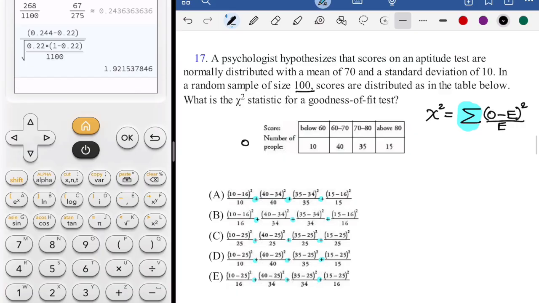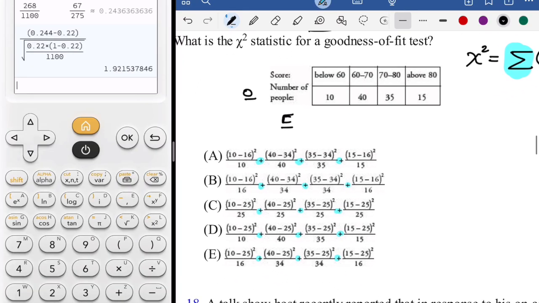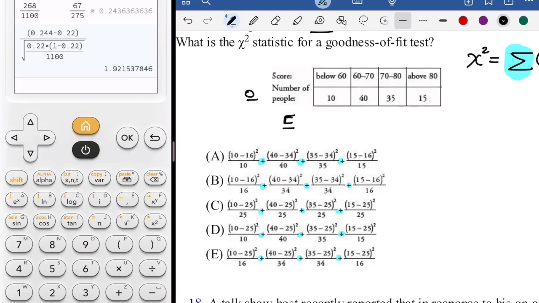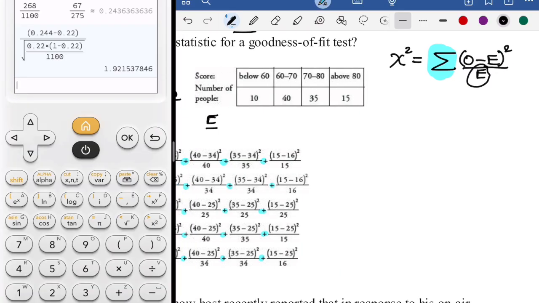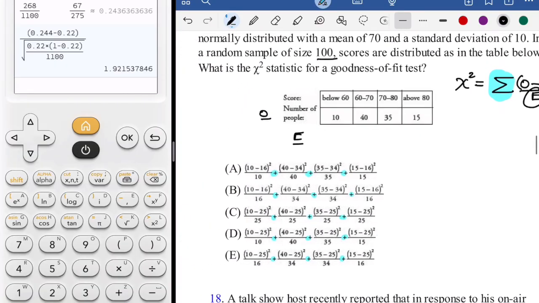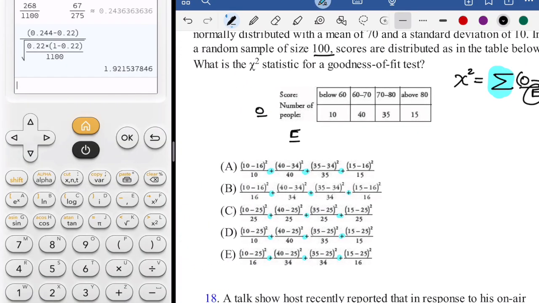So these are my observed. Now I need my expected values. But first things first, I can start eliminating possibilities because on the bottom, it should be the expected values. So these two numbers need to match up. So any choice where that doesn't happen, wipe it out.